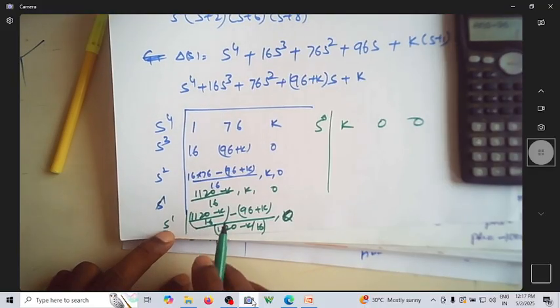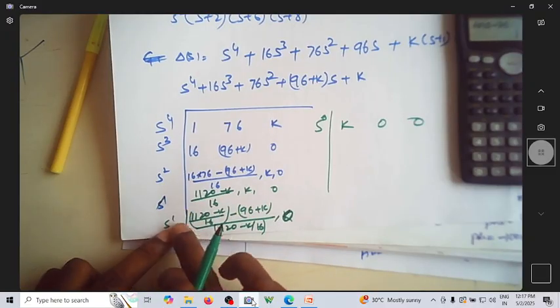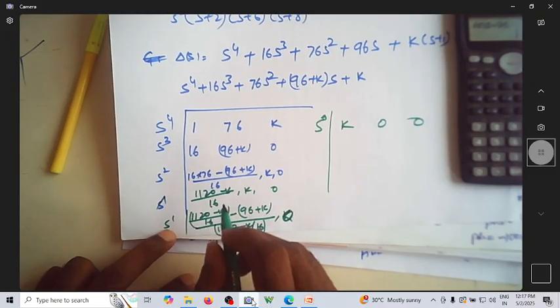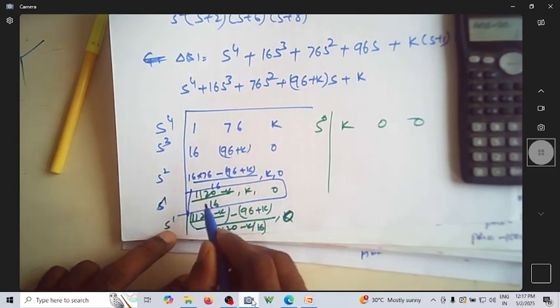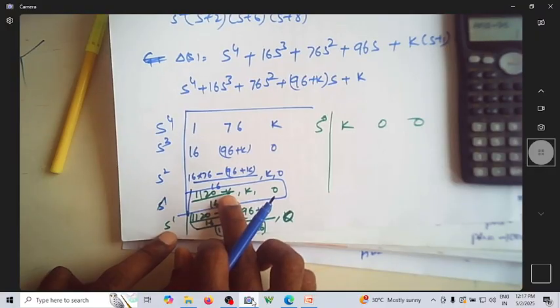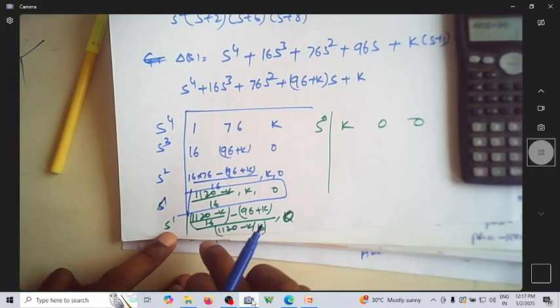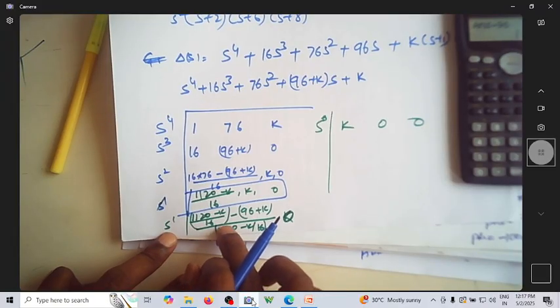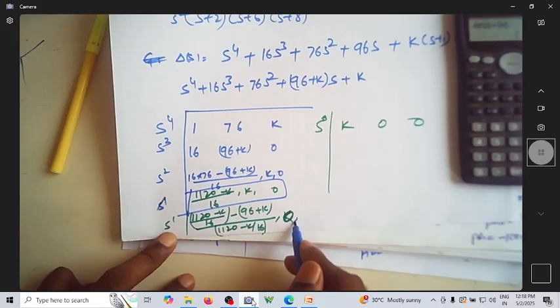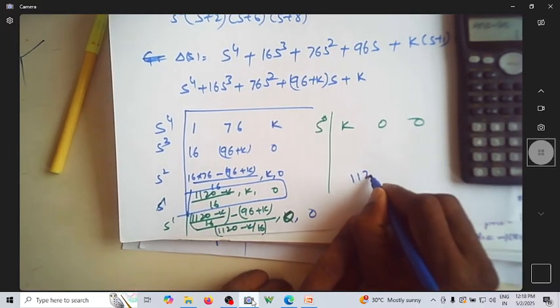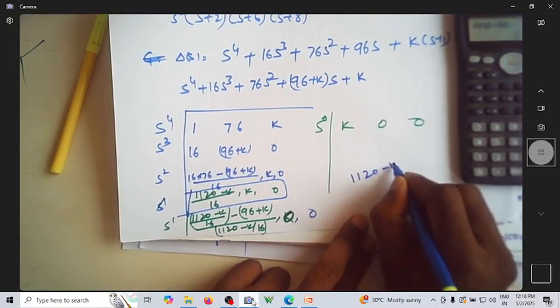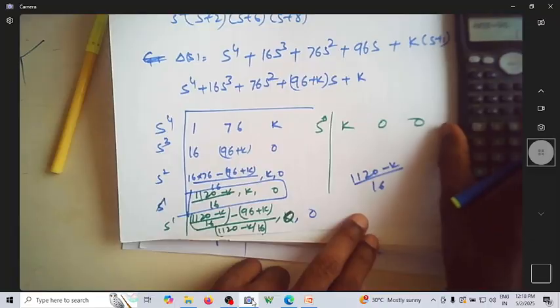So here there is no need to consider this, because all the terms will become 0 over here. All the terms will become 0 here because you have a 0 here and a 0 here. So now we have to look at 1120 minus K by 16.